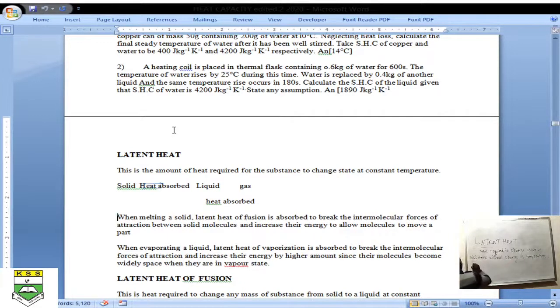We are saying that types of latent heat, we have two.